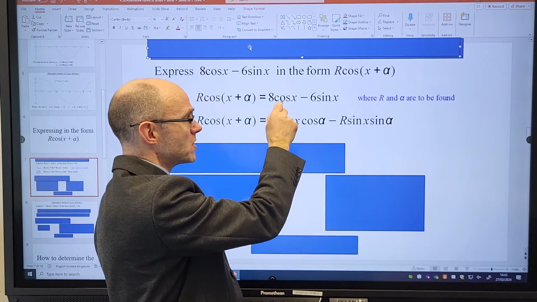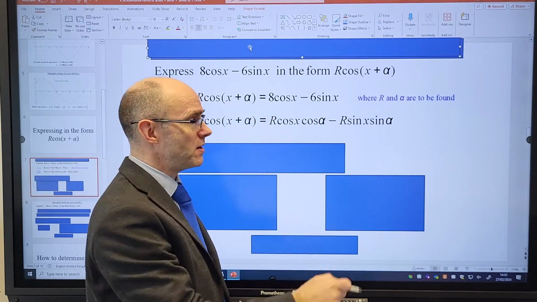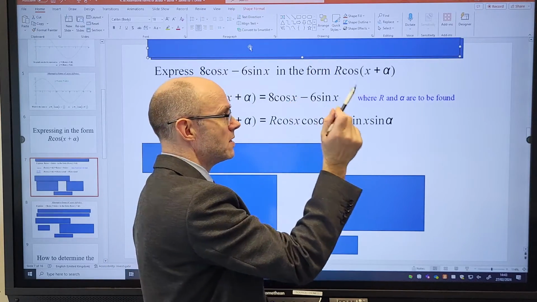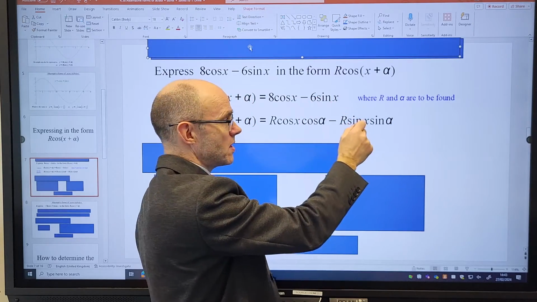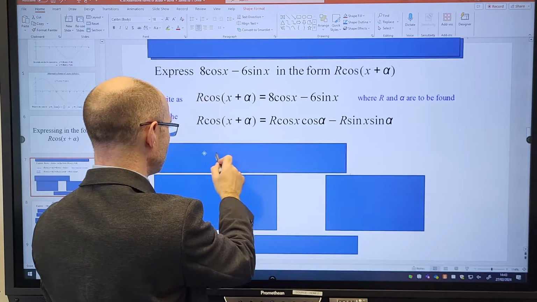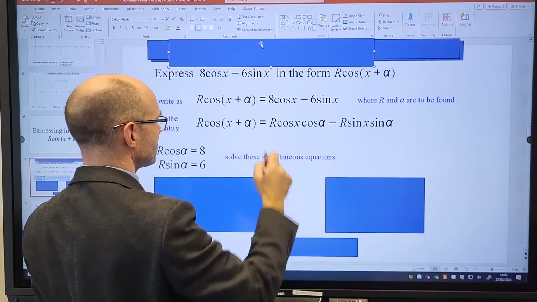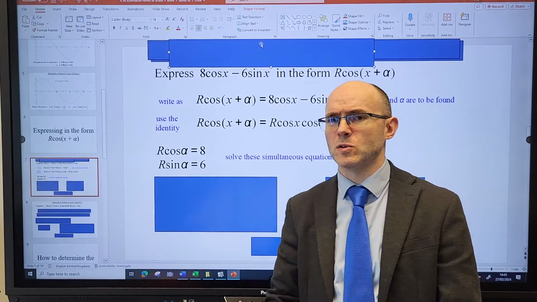Since they've got cos x in it, r cos alpha will be the same as 8. Then look at this one, they're both negative, so that will be exactly equal to that. So r sin alpha will be equal to 6, because the sin x is still the same. So the first thing we'll do is write down both of those, and you end up with two simultaneous equations, which you then have to solve.